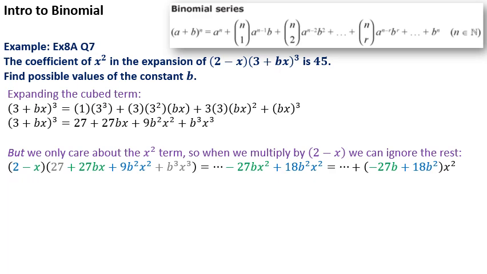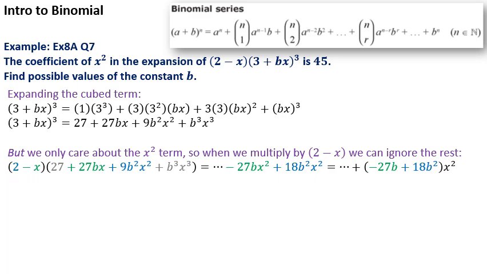We can't get an x squared term by multiplying 27 by anything in that first bracket, because 27 is only a constant. The most it can give us is a minus 27x if we multiply it by the minus x term. Similarly, the x cubed term in our expansion of the cubic, that's not relevant to us either, because it's too high a power of x to give us an x squared term.